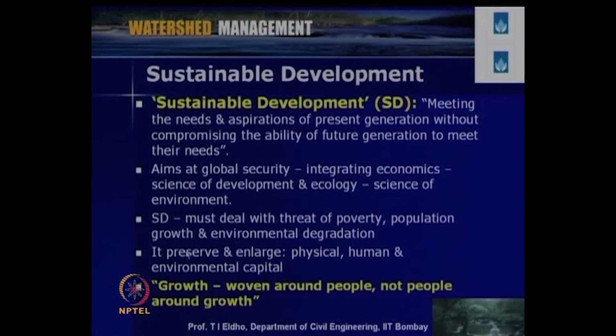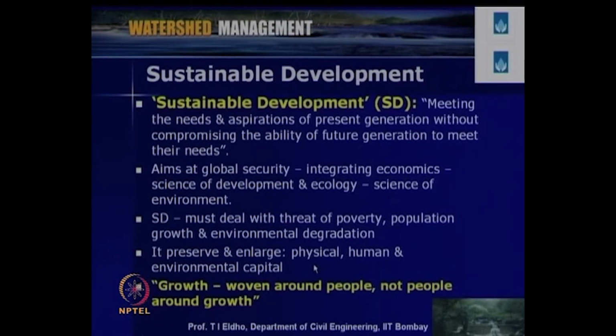In many rural watersheds, especially in arid and semi-arid regions, you can see that poverty or economic issues are major problems. And then another issue is environmental degradation. Sustainable development is not possible without considering the environmental issues, poverty and overall socio-economic improvements. In sustainable development, we preserve and enlarge the physical, human and environmental capital.